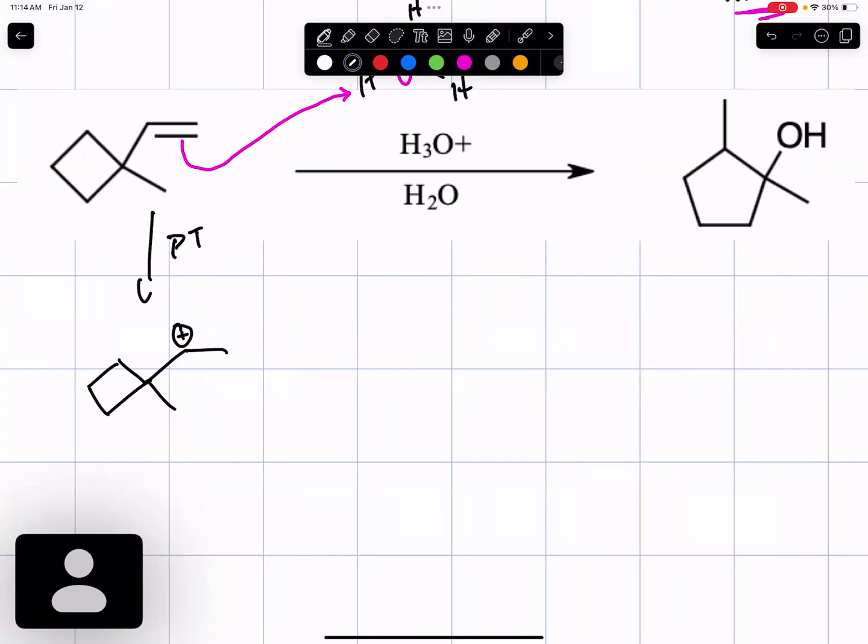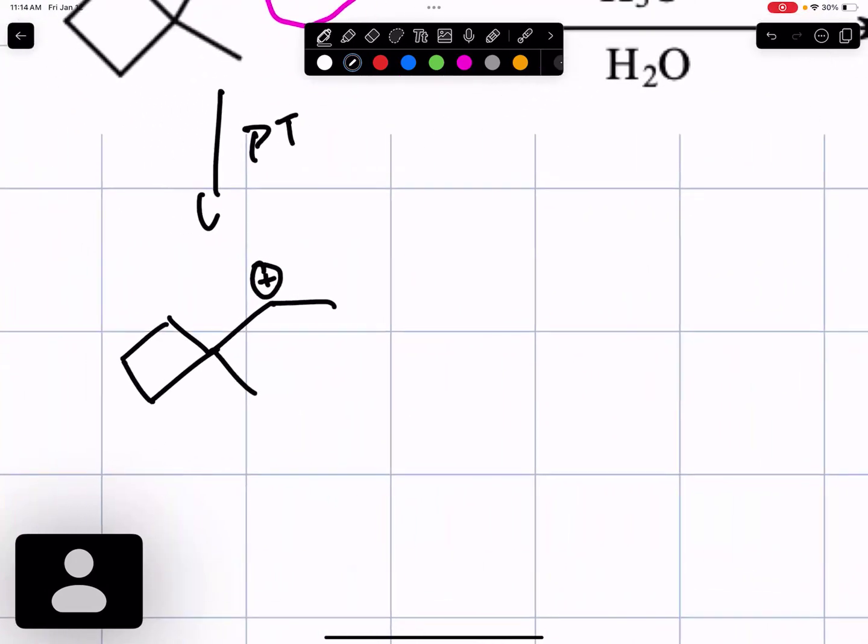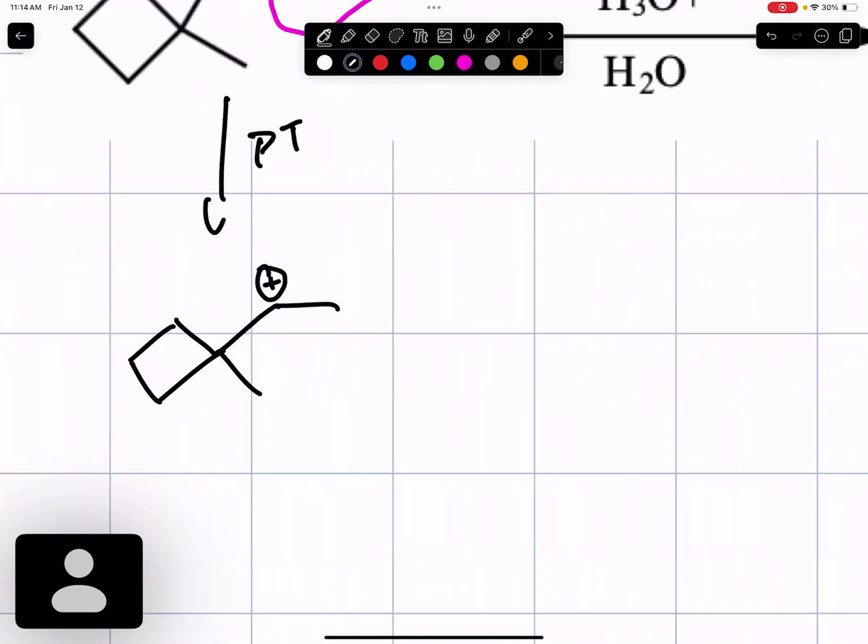Is it the bond connecting the third carbon in the last one? In the ring? So I'm going to point. Is it this bond? Is it this bond? Is it this bond? Or is it this bond? The first one? Yes, ma'am. It's the first one.